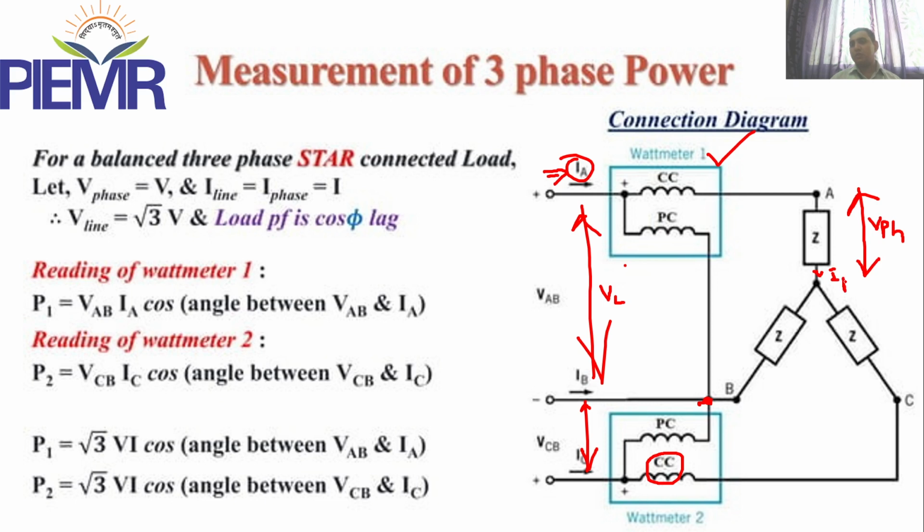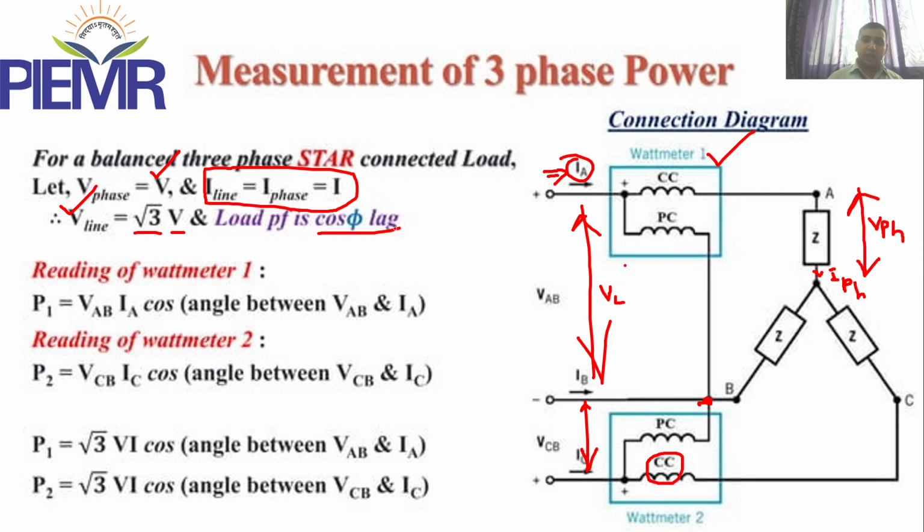In case of star connection, phase and line current are equal, which we indicate as I. V phase, in case of star connection, we indicate as V, and as we know from previous formulas, V line voltage is equal to √3 of V. Here we assume that whatever load is connected, it has a lagging power factor.